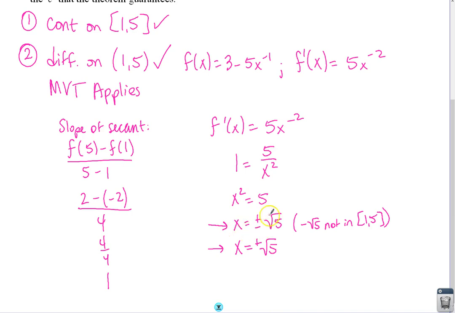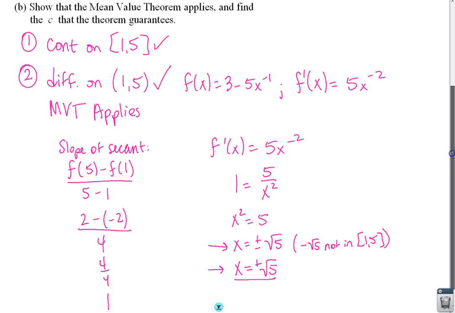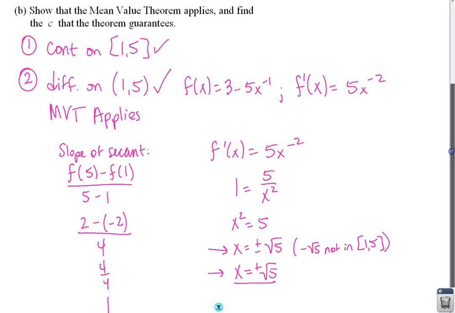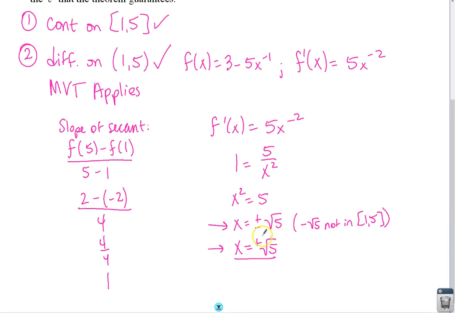Because technically the solution to this equation is two answers, but for the problem at hand, we only want to keep this one, okay? So because MVT applies, show that the mean value theorem applies, check, find the value of C that the theorem guarantees. So this is the value of C that the MVT guarantees, okay?